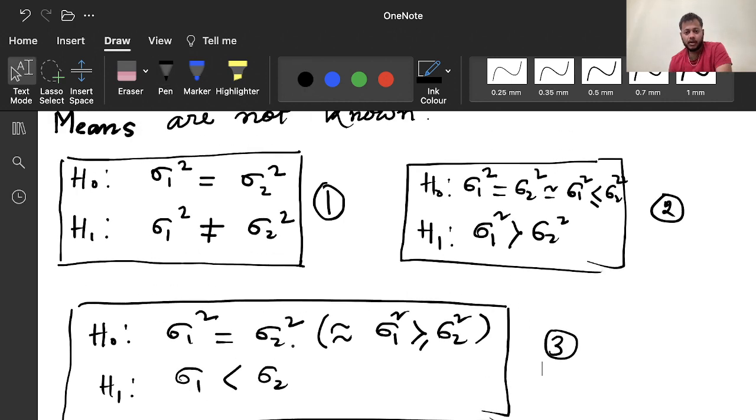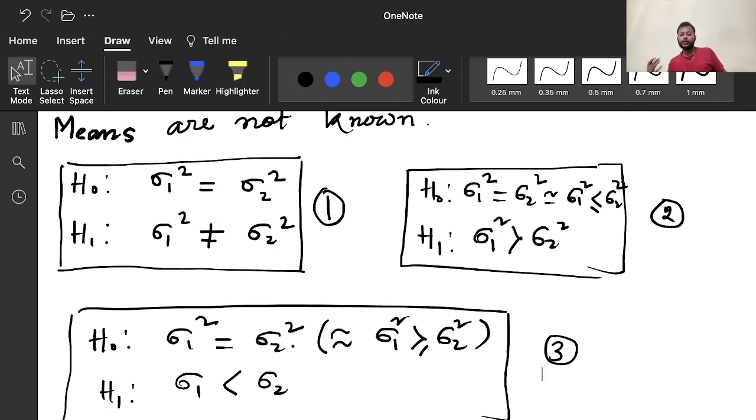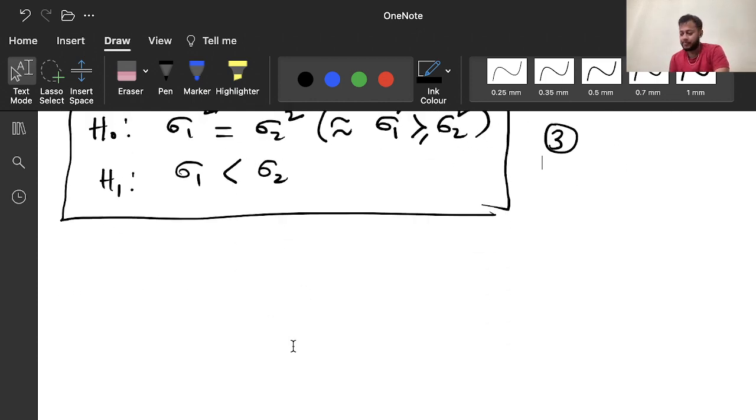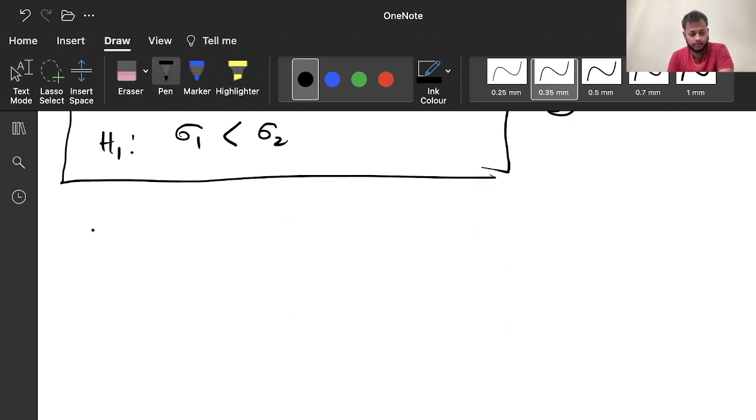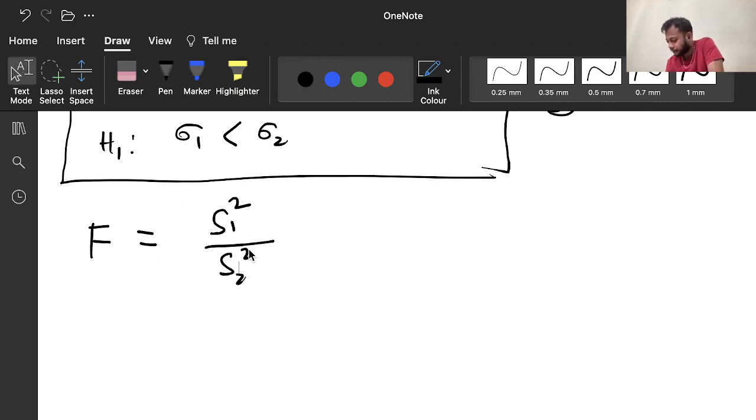Now since we don't know the means, we will only use the sample variances. So we know that F is equal to s1 square by s2 square.